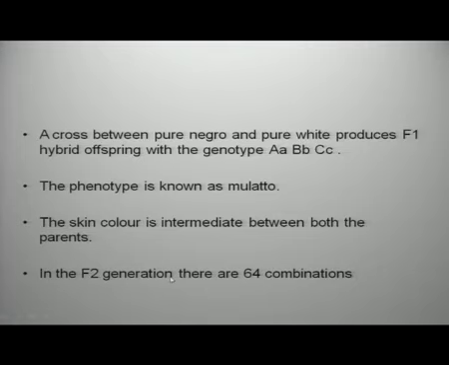In the F2 generation, since 3 independent pairs of genes are present, 8 different types of gametes will be produced, and hence there will be 64 different combinations.